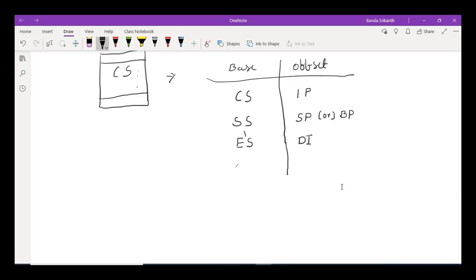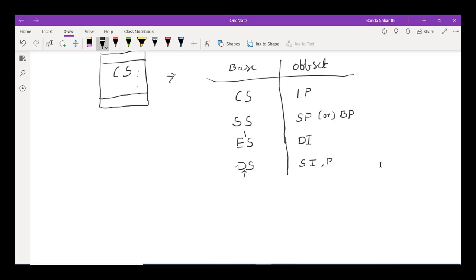If the CPU is accessing a data segment memory location, then the CPU will take the base address from the data segment register and the offset address can be taken from the source index register, stack pointer or base pointer. It can be the BX register.